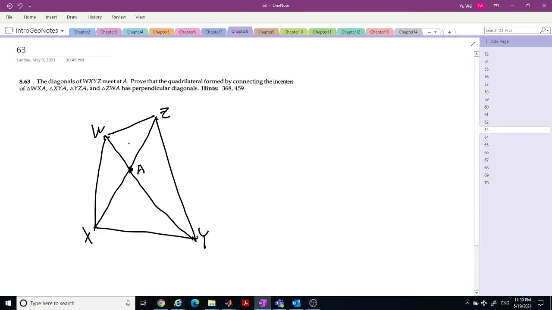So what's the incenter? The incenter is the intersection of the angle bisectors, right?